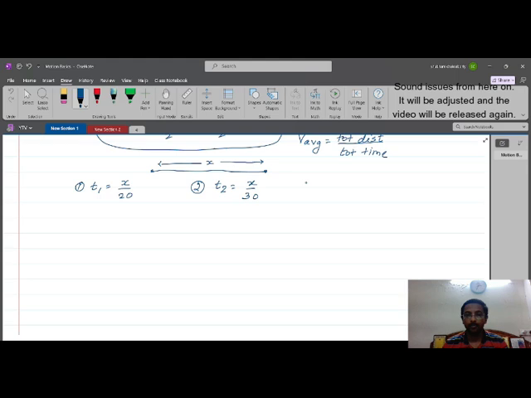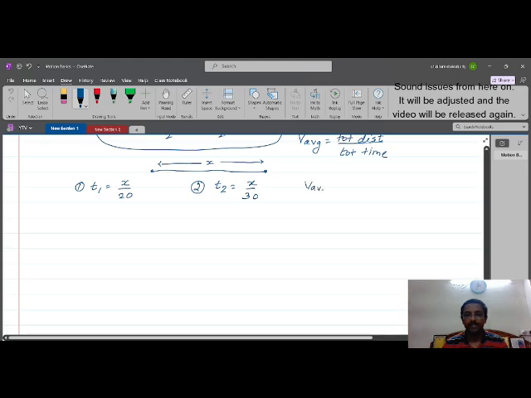Fine. Now remember, the average speed in this case is total distance upon total time. So what is the distance? He goes x distance, he comes back x distance. So what is the total distance? It is 2x. x for going, x for coming. And what is the total time?